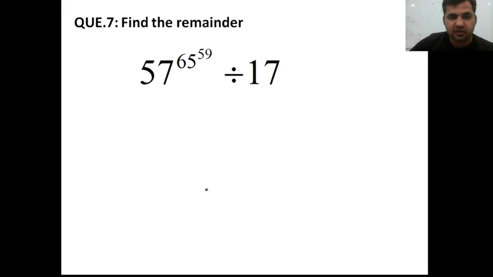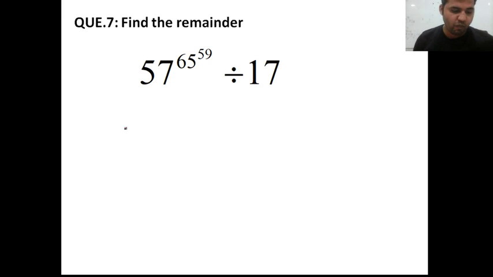Find the remainder when 57 power 65 power 59 is divided by 17. Try to use the Euler remainder theorem in this case. What will be the answer?